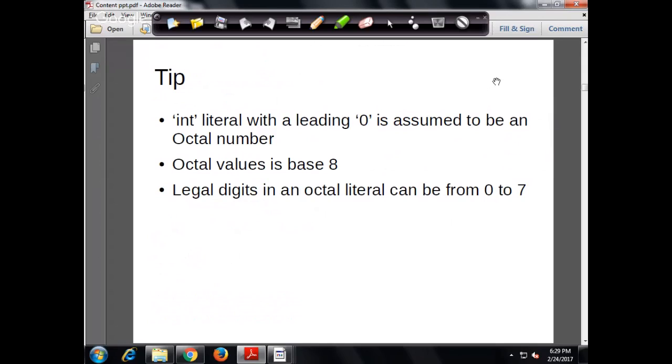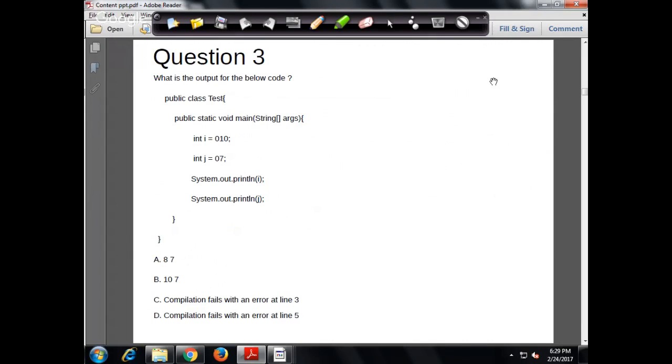I'm going to show you the question again. Now that I have shown you the tip, I'm going to show you the question again. Now I would request you all to use the tip and again relook at this question and try to give the answer.